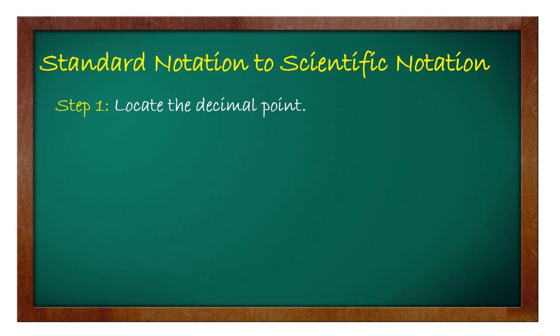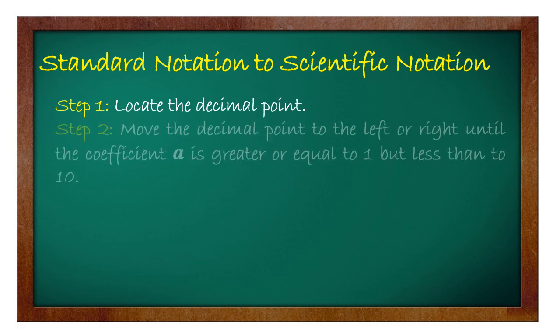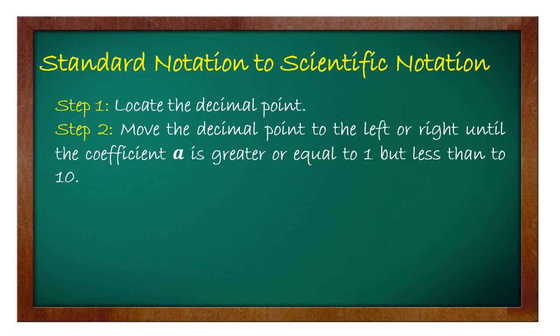Once na nahanap mo na yung decimal point natin, we can move on to the second step, which is move the decimal point to the left or right until the coefficient A is greater than or equal to 1 but less than 10. So, mula dun sa significant digit natin, gagawa tayo ng number na kung saan greater or equal to 1 siya but less than 10.